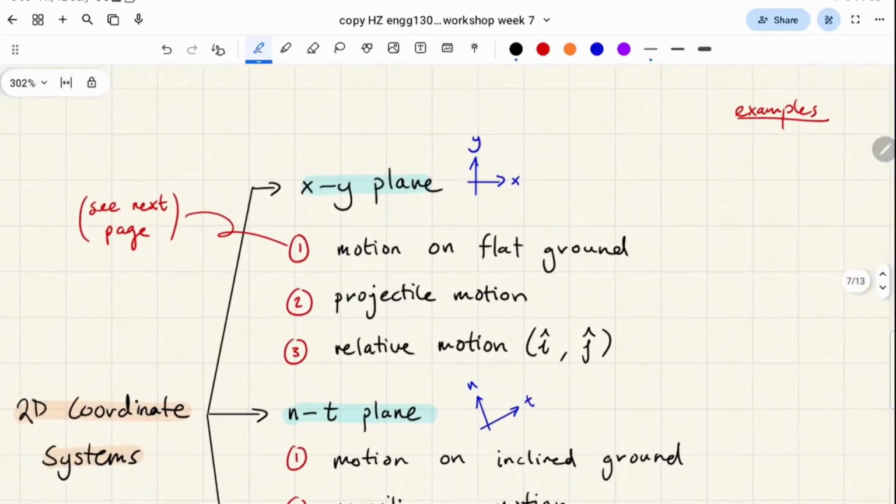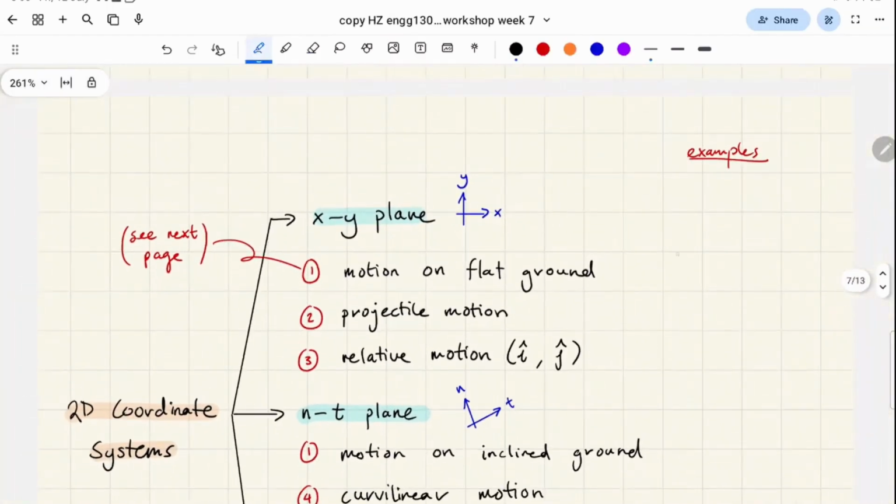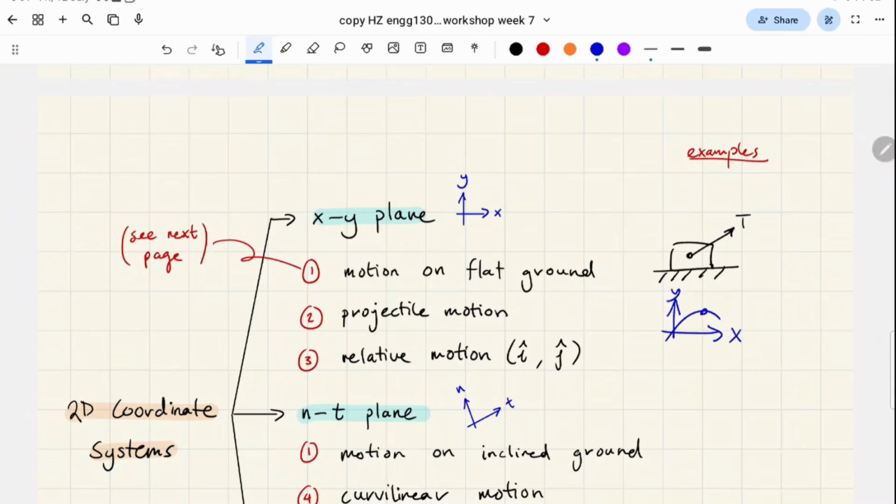So XY motion, you'll see this used when you have motion on flat ground, like this, for example, and you have someone pulling it or whatever. Projectile motion, we've gone over a one-dimensional projectile motion question, essentially, that vertical throw of the ball off of the building, right? But in 2D, you'll see it goes like that, and we're tracking the ball's motion in those 2 dimensions, the y dimension being the direction of gravity.